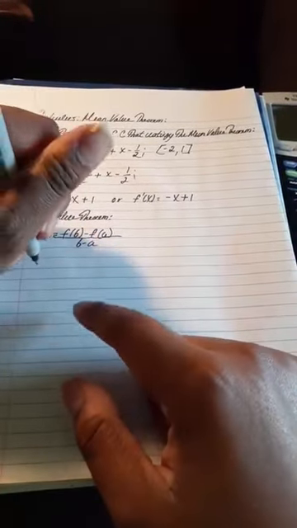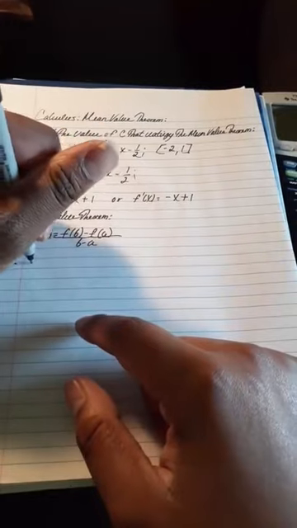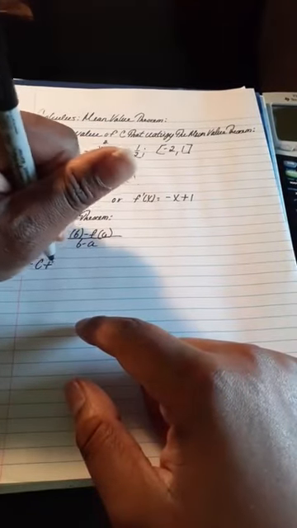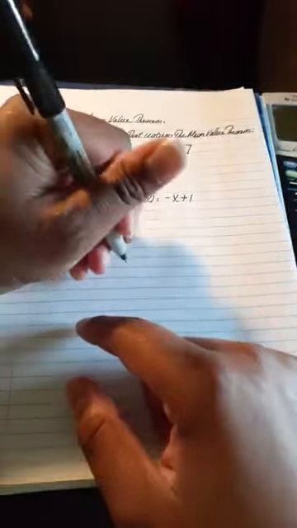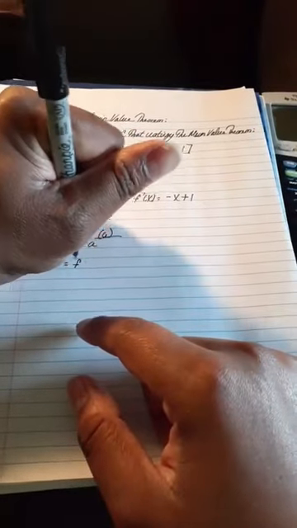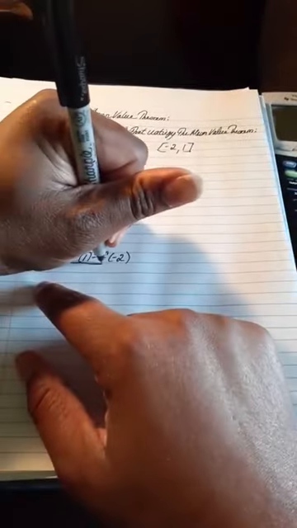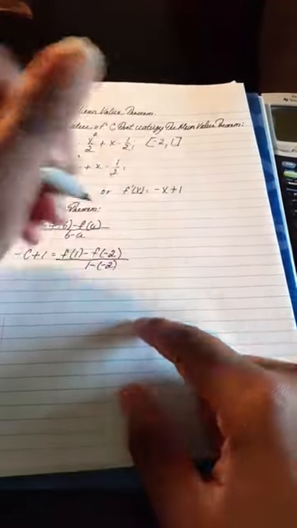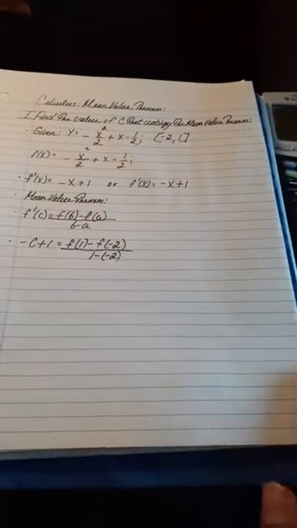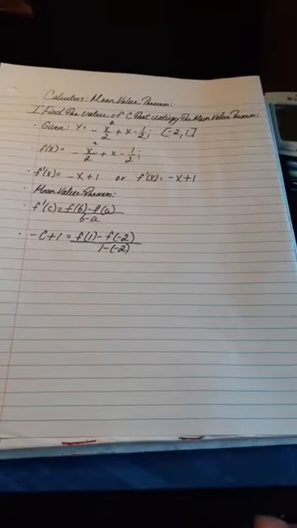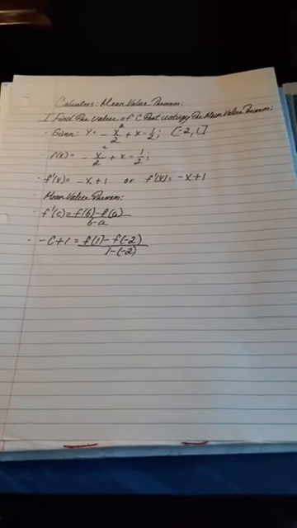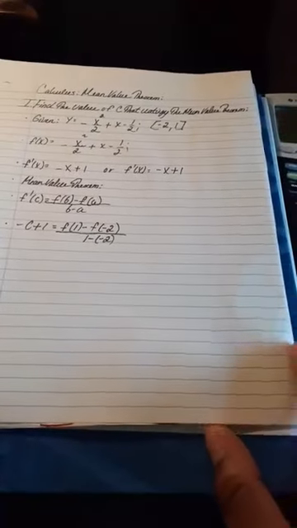Okay, so what that means is we'll have negative c plus 1 is going to be equal to f of 1 minus f of negative 2, all divided by 1 minus negative 2. Now I know this is going to change to a positive, but I'm just writing it down to give you a gist of what's actually going on. So I know the signs are going to change in a moment.